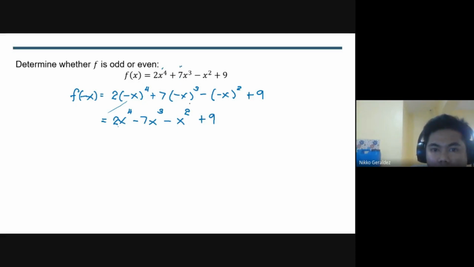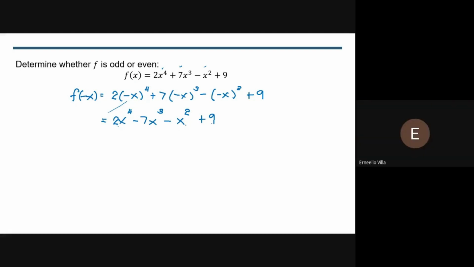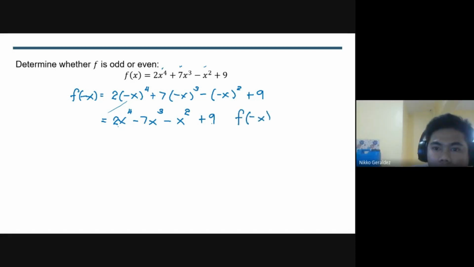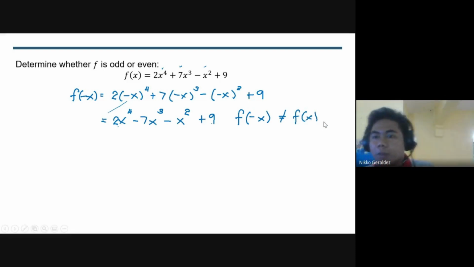Third term, negative x squared, same. 9, positive 9. So, are they equal? No. f of negative x is not equal to f of x. So, it is not an even function.